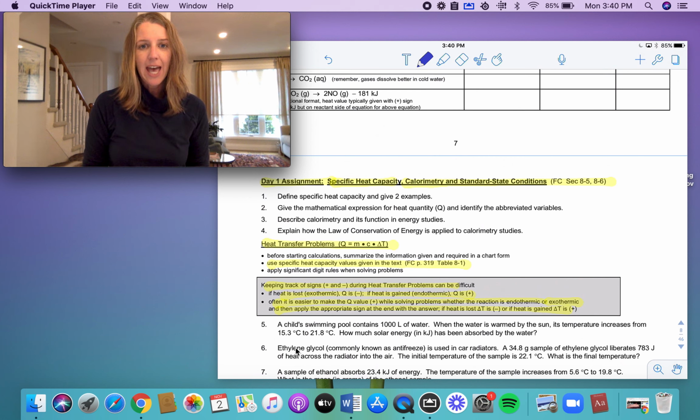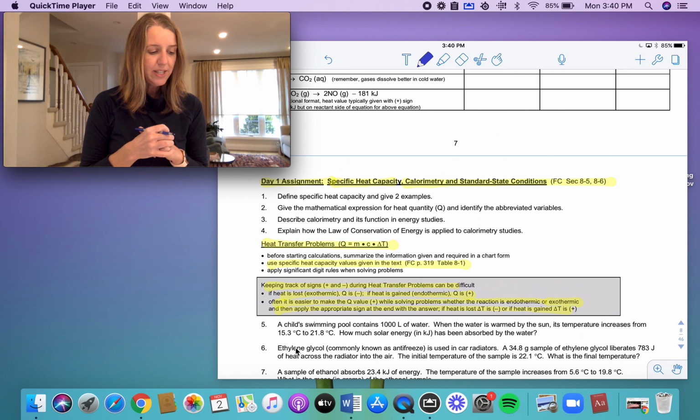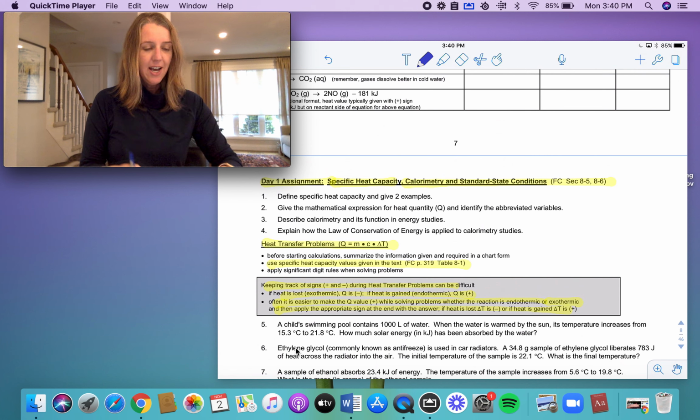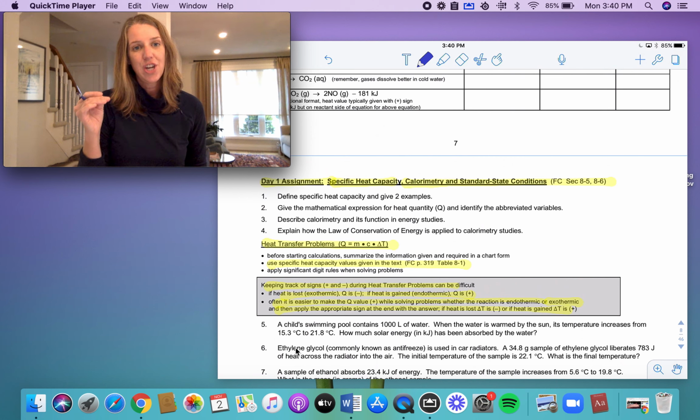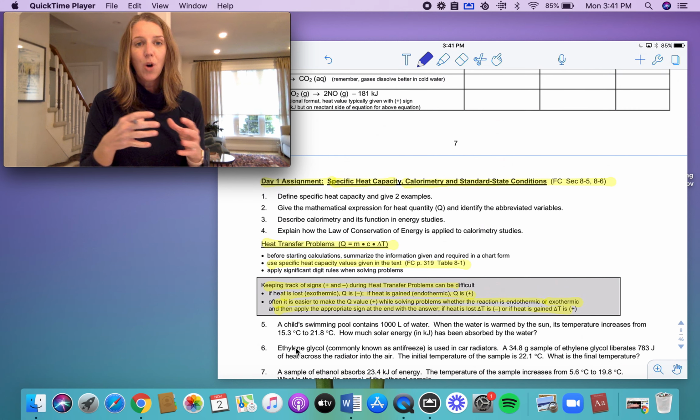Basically, it's a value that tells you how much energy it takes to change a certain amount of a substance by a certain change in temperature, okay? I'll give you an example. Water, for example, has a very high specific heat capacity. It means that water takes a little bit of time to heat up and cool down.